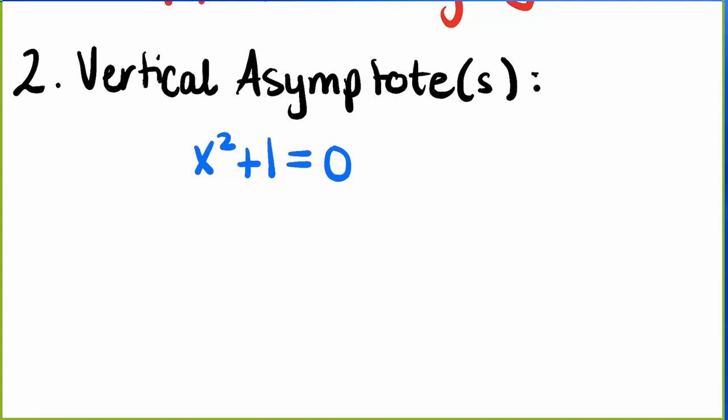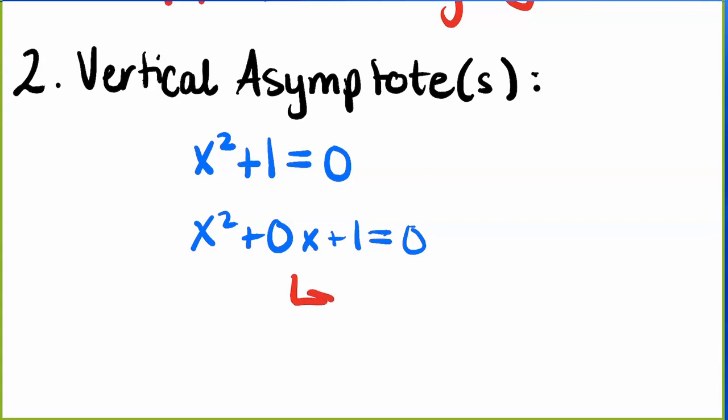If it's going to add to 0, one has to be negative, one has to be positive, and the negative times the positive will be negative, so this just doesn't work.